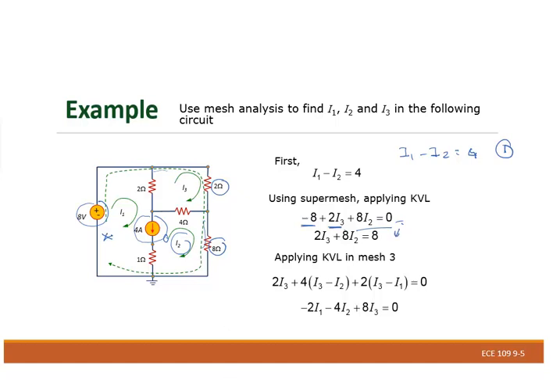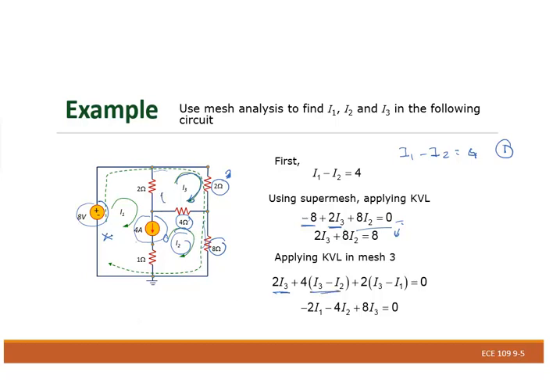The next equation we can write from mesh 3 here, because there is no current source there. Easily we can write it. We can say 2 times I3, and 4 times (I3 minus I2), because I2 goes in the opposite direction.